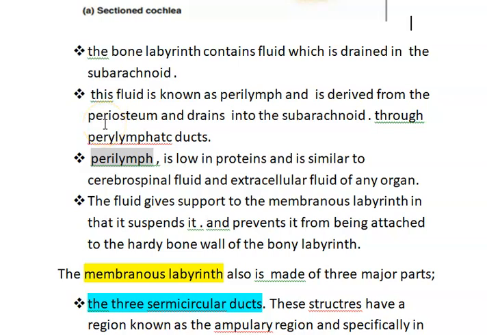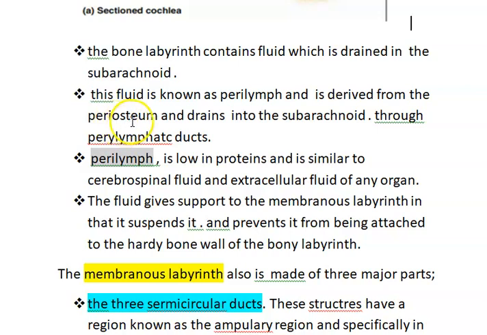Remember, this cochlea, the bony labyrinth, is so near to the temporal bone that surrounds the entire bony labyrinth. Now, remember, bones have periosteum. The perilymph filling the bony labyrinth is sourced from the periosteum.